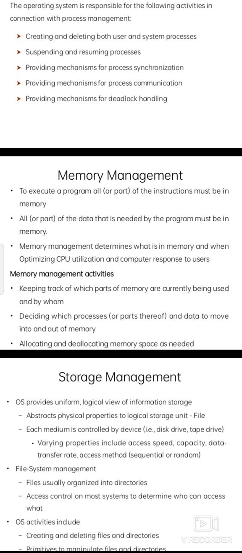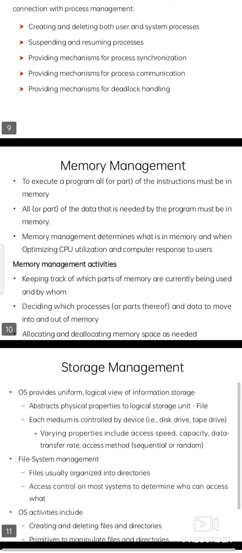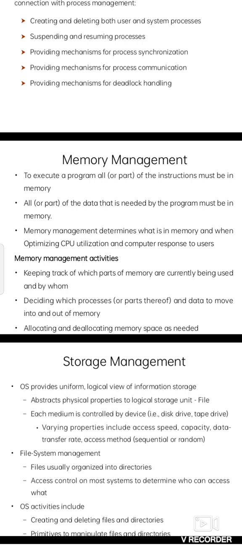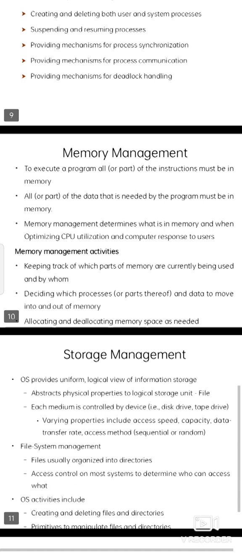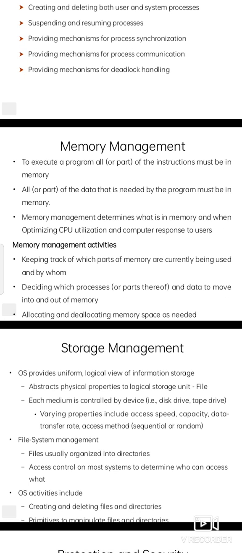In order to increase the performance level, the OS will manage this. The memory management activities are keeping track of which parts of memory are currently being used and by whom, deciding which processes and data to move into and out of memory, and allocating and deallocating memory space as needed. These activities will be coordinated by the operating system.